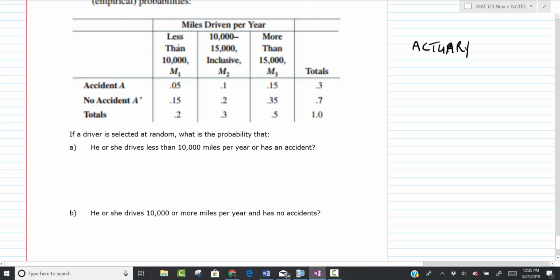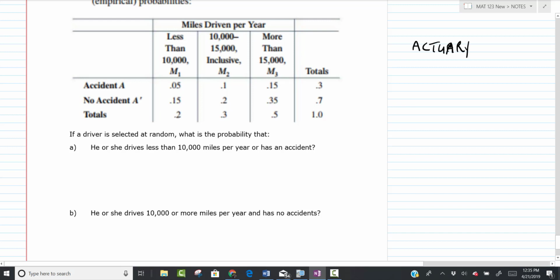The drivers that drive less than 10,000 miles a year, that's a 0.20 probability. The drivers that drive between 10,000 and 15,000, there's 30% of those, that's a 0.3 probability. And the drivers that drive more than 15,000, that would be 50% or 0.5.